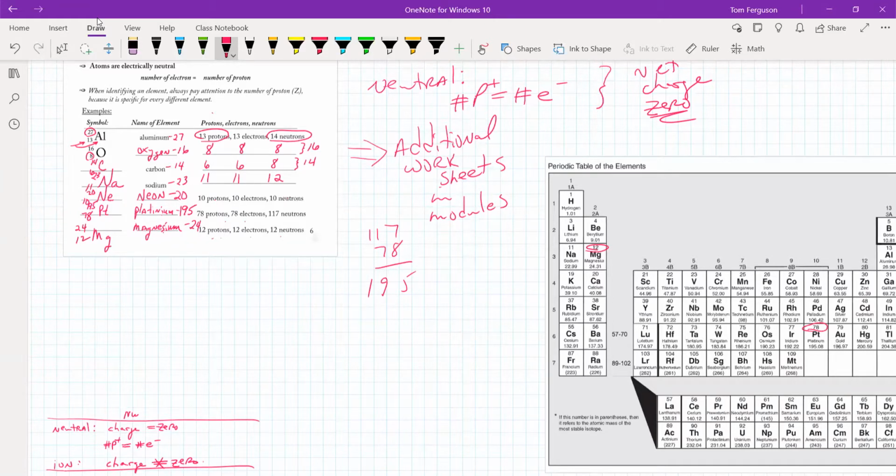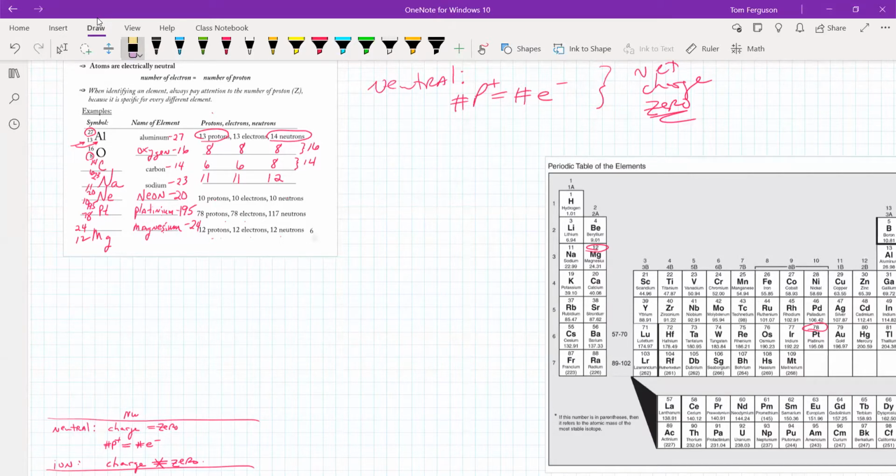One of the things that this didn't talk about, there's another number that my worksheets will talk about, and that's atomic mass.